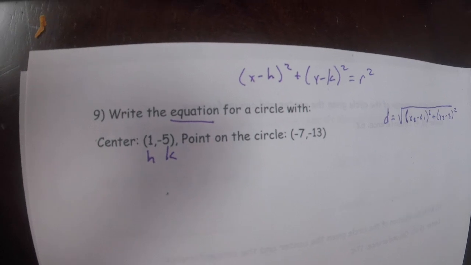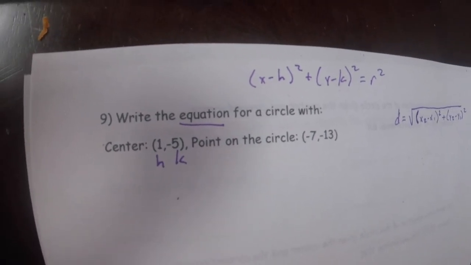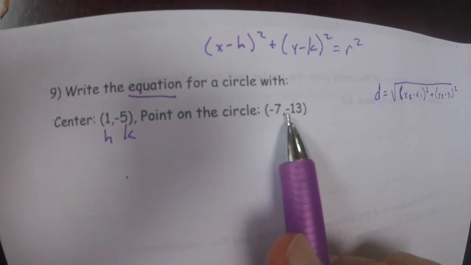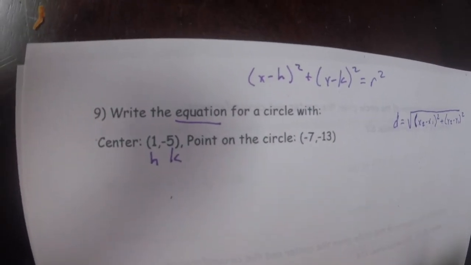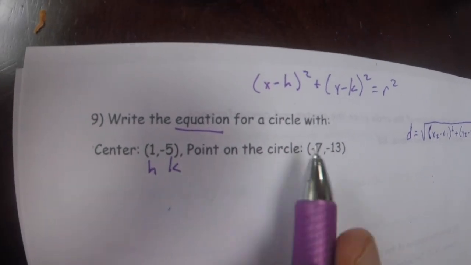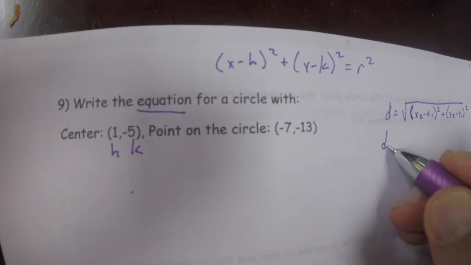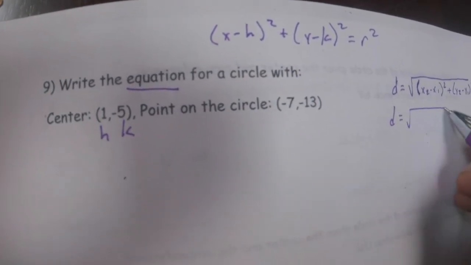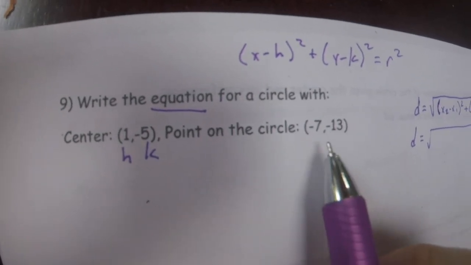Well, if I want to find the length of the radius, that's the length from the center to the outside of the circle, and I have a point on the circle. So if I want to figure out the length from here to here, I can just pop these coordinates in here.